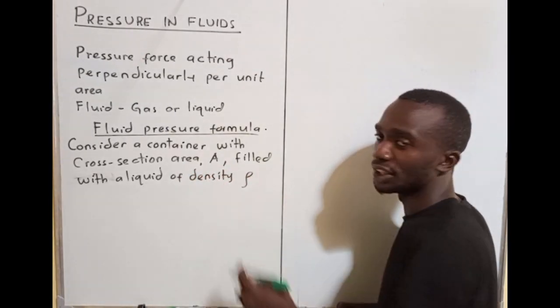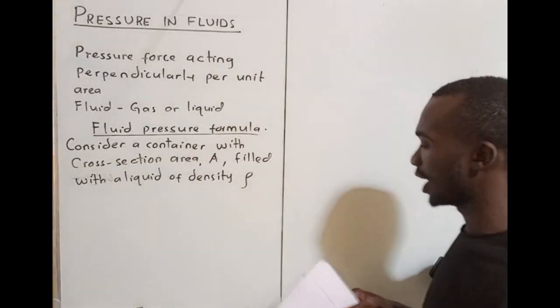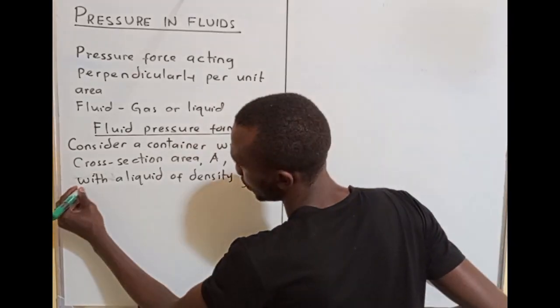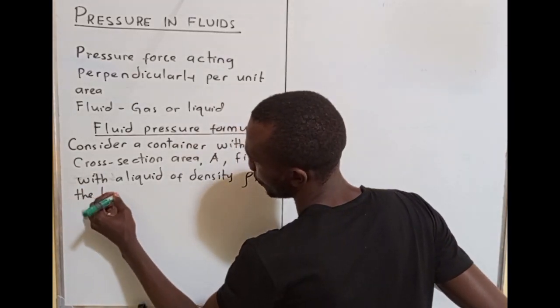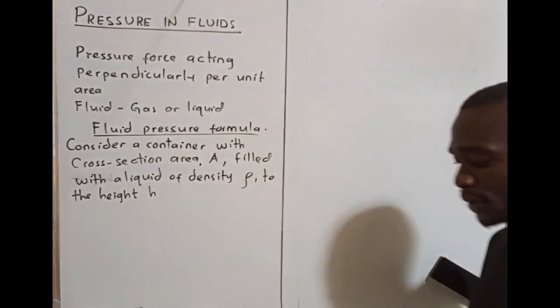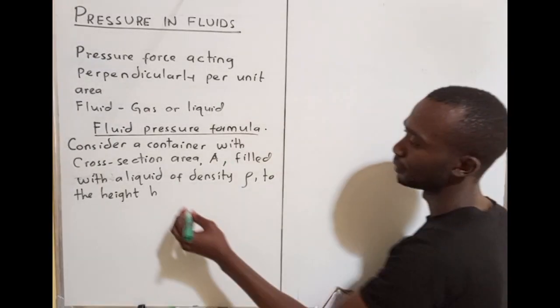The density of this liquid is ρ, up to the height h. The height of the liquid in the container is small h, as shown below.